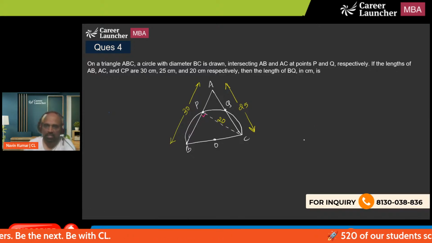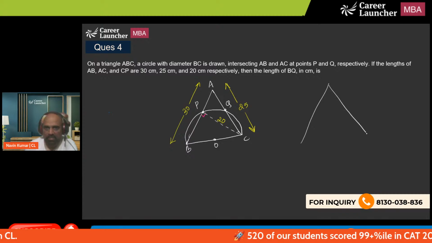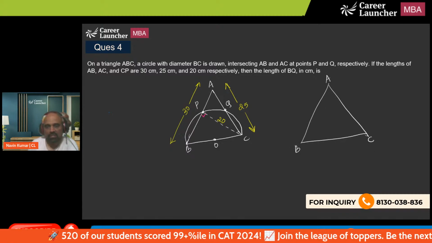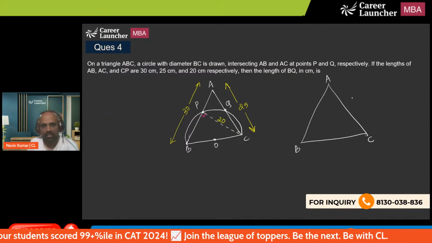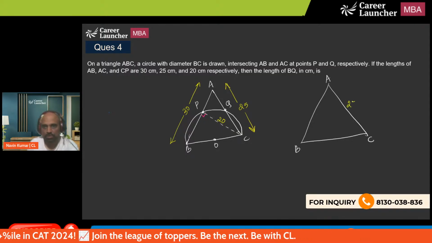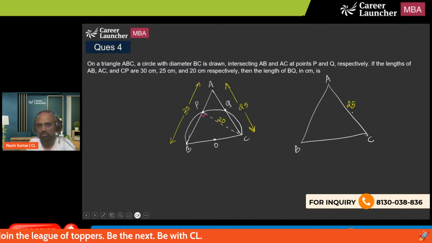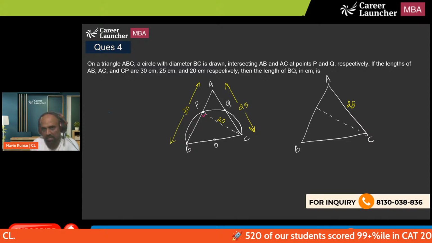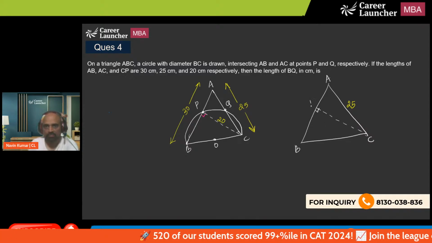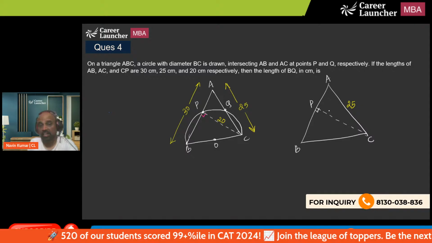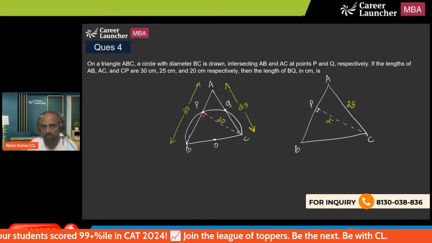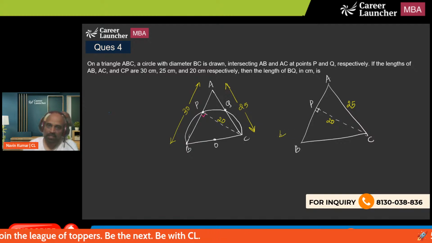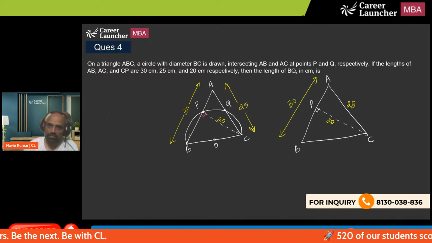Fine. So let's visualize this triangle like this. Let's not draw the circle. So we have this triangle ABC, right? Where this length is known to be 25. Also, there is a perpendicular drawn from C on AB, CP, where the length of the perpendicular is given as 20. And this entire length of AB is also given to us.